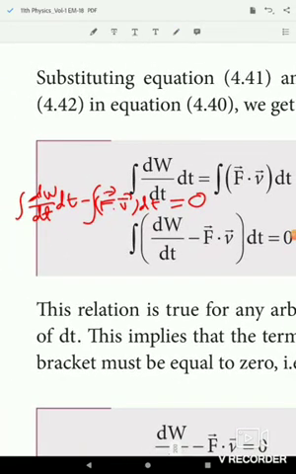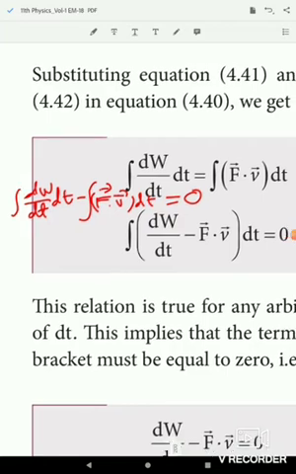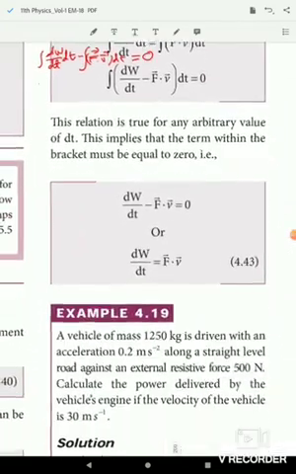Okay. So take dt outside: integral of dW divided by dt minus F vector dot v vector, into dt, that is equal to 0.